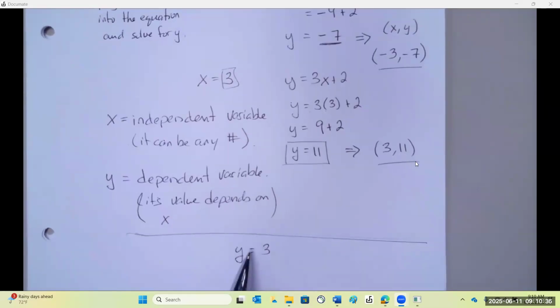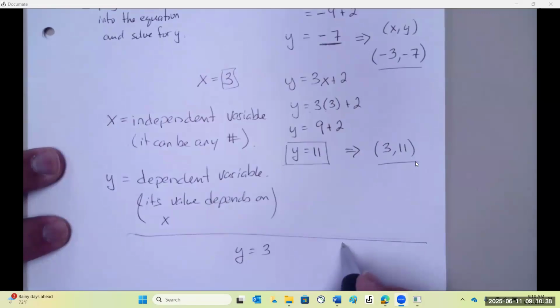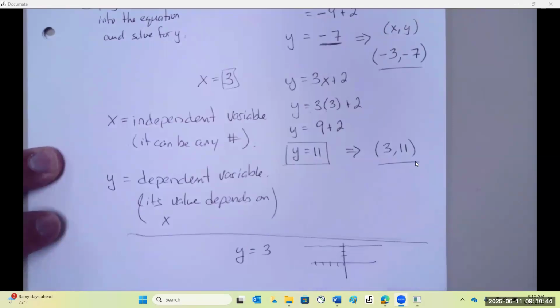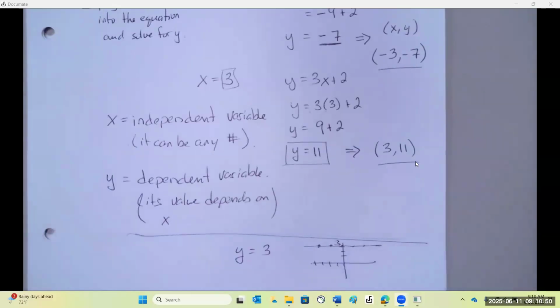There's no x in there, right? So it will be always 3. No matter what x you give me, the answer is always going to equal 3. It's a constant equation. It's a horizontal line. What's the slope of that one? Very good. The slope of this one is 0.